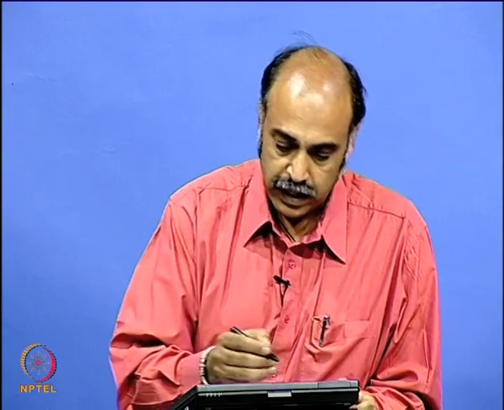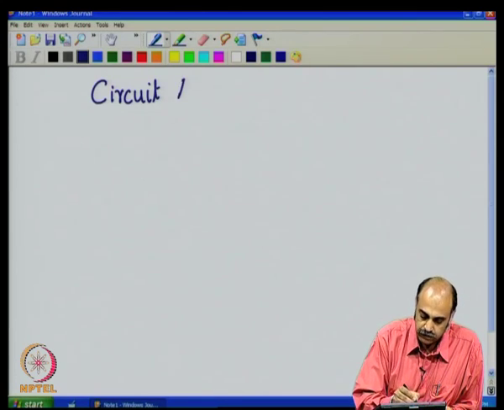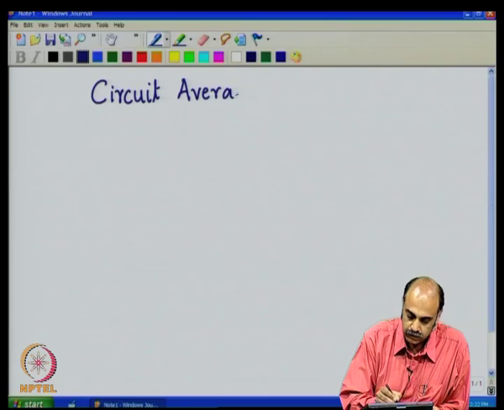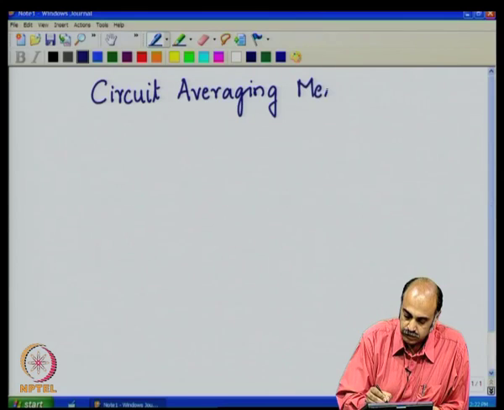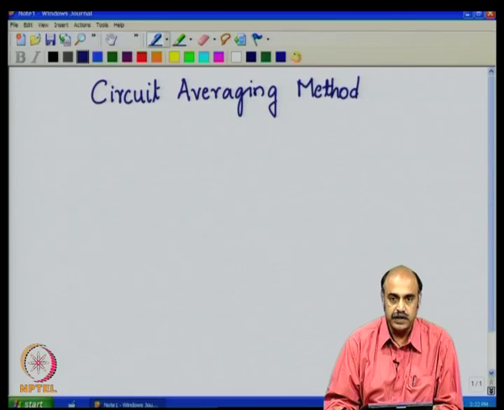And now we need to combine them into a single averaged state space model, which takes care of both the situations. So, we continue from there, and let us title this lecture as circuit averaging method.